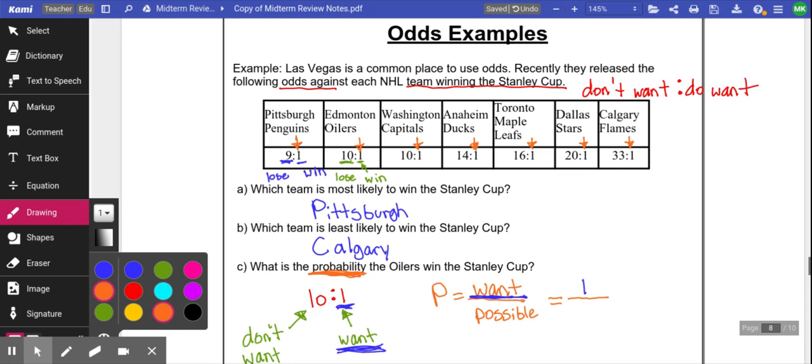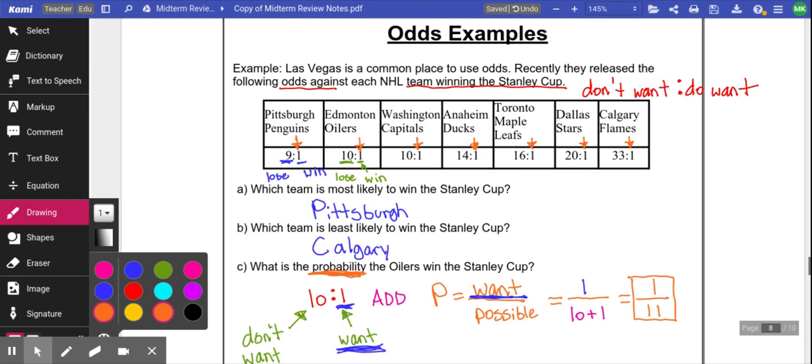If you want to figure out what's possible, then you need to add those things together. What you don't want plus what you do want gives you what's possible. So for us, it would be 10 things we don't want plus 1 thing we do want gives us 11 possible things. 1 out of 11 would be the probability of the Oilers winning the Stanley Cup.